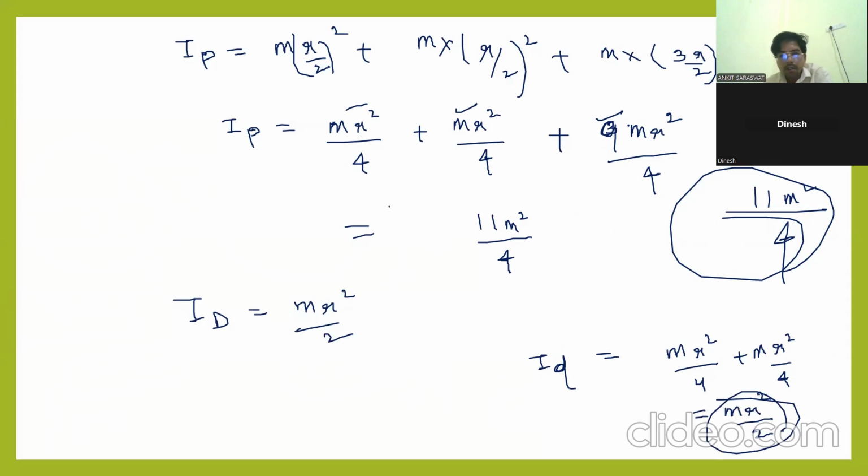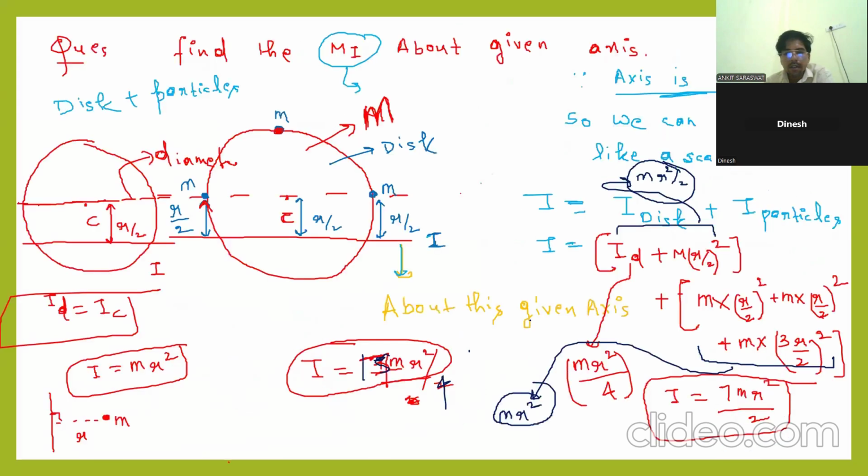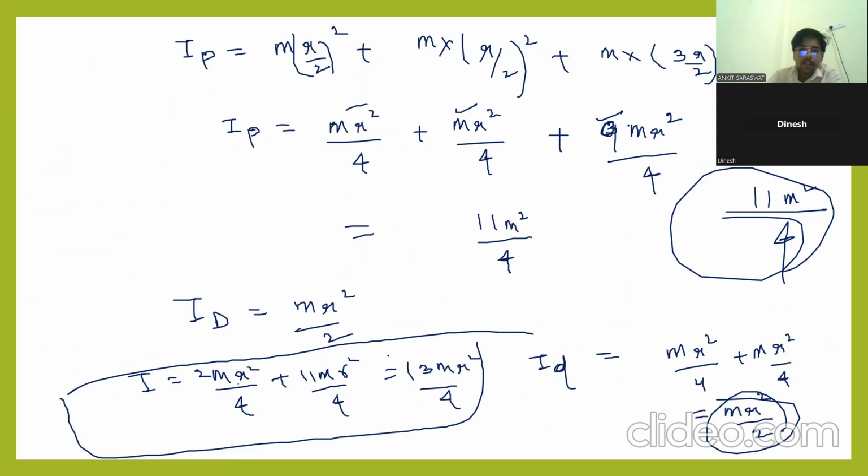Total will be 2 mr square by 4, that is 11 mr square. Actually, my mind is somewhere else today. Okay, 13 mr square by 4. Really sorry for that. Your answer is correct. 13 mr square by 4.